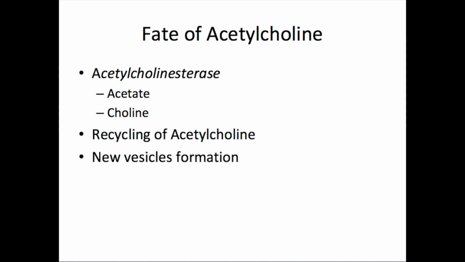The contractile proteins underneath the pit contract and cause the pits to break away to the interior of the membrane, thus forming new vesicles. Within another few seconds, acetylcholine is transported to the interior of these vesicles for the next cycle.